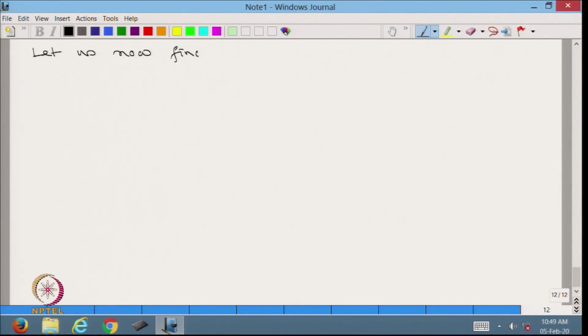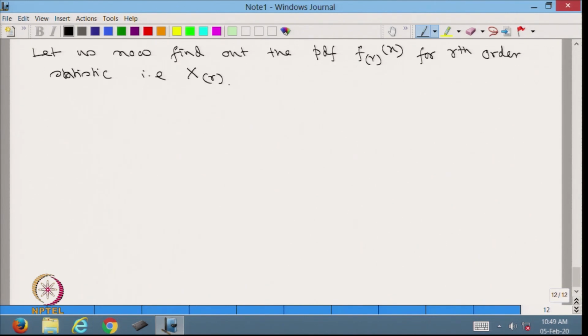Let us now find out the PDF and CDF Fr(x) for the rth order statistic, that is Xr.